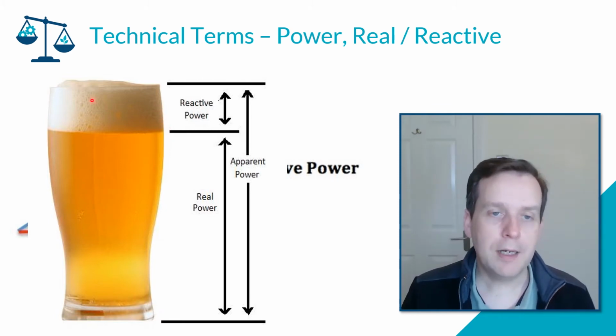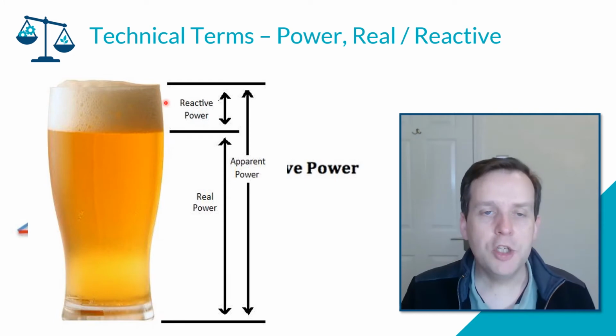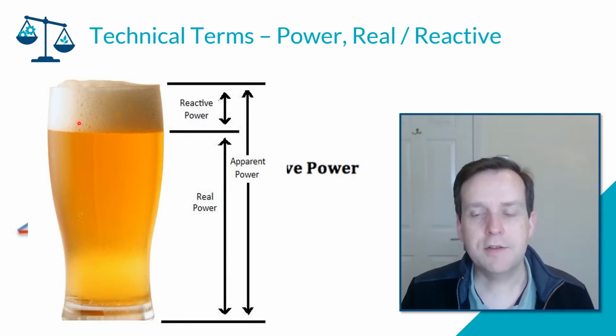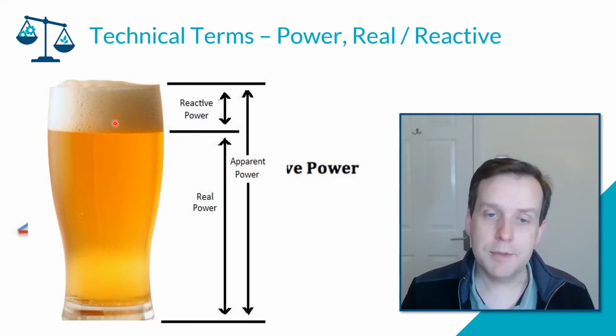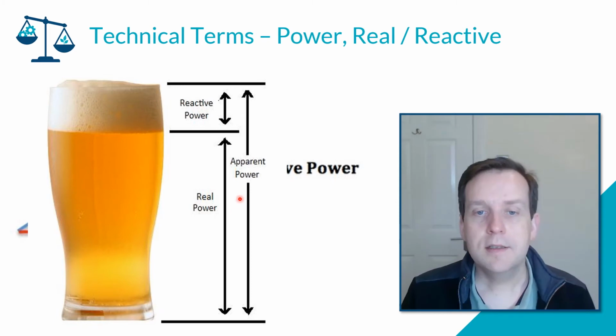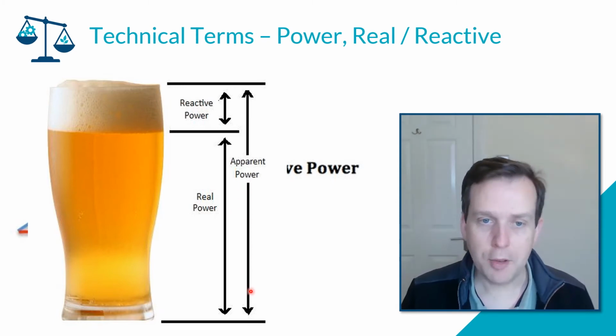The reactive power is, I won't say unusable, because reactive power is required to provide an angle or a differentiator for electrical machines, but the net effect is the summation of the two to give the apparent power.